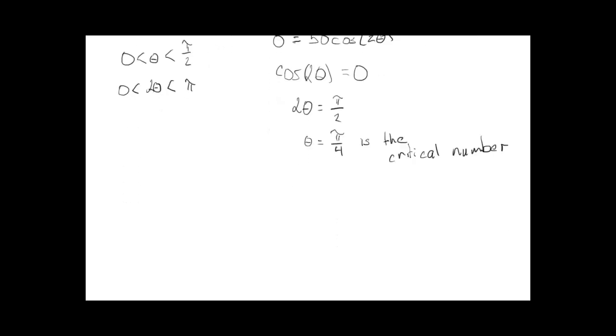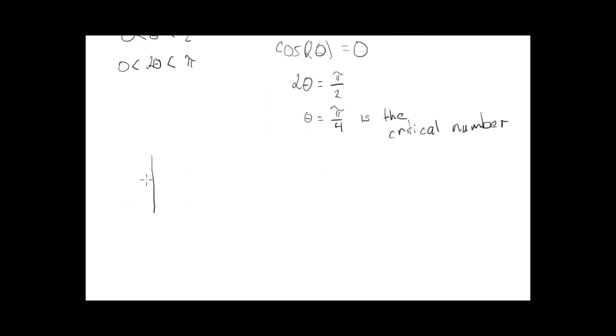Now I just want to show that this was a maximum. So remember, theta was between 0 and pi by 2, and pi by 4 was the critical number. So I have to look at dA by d theta.